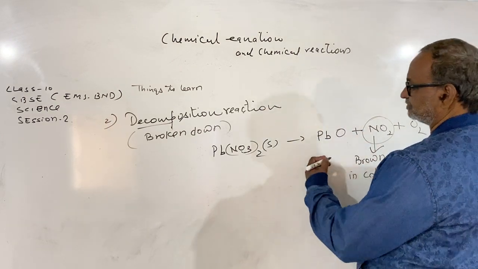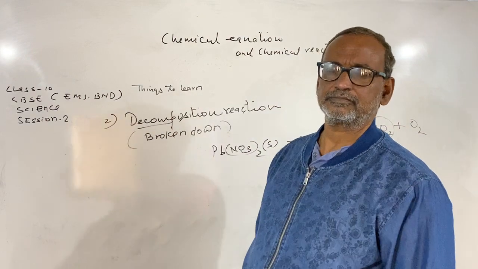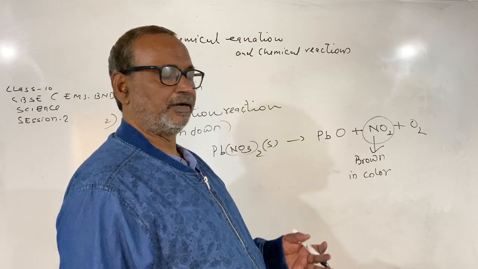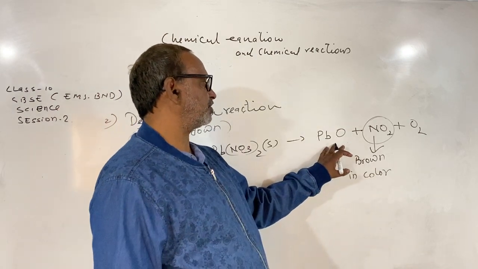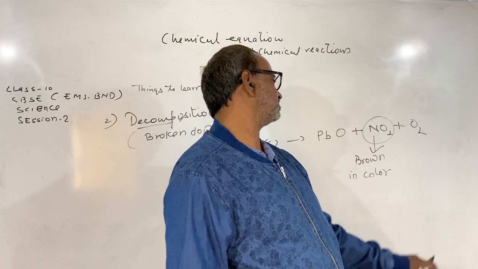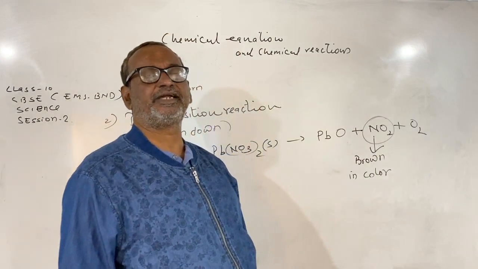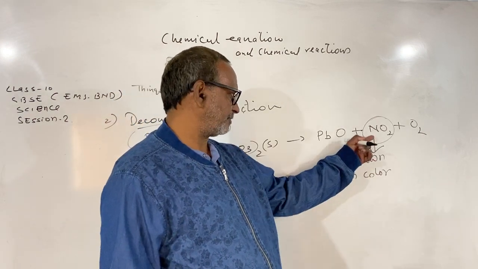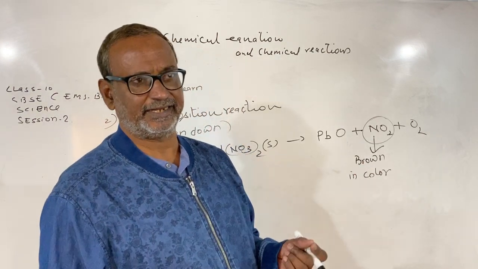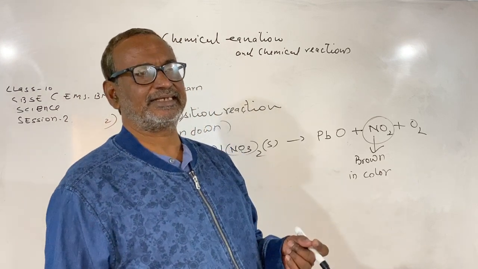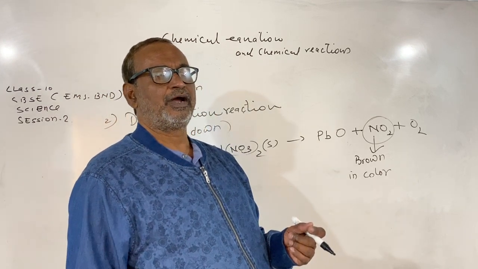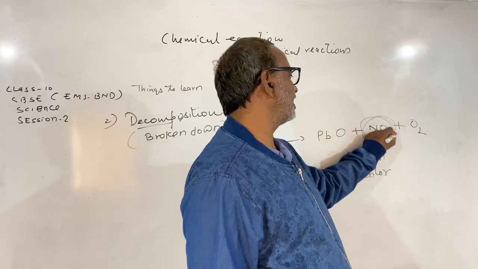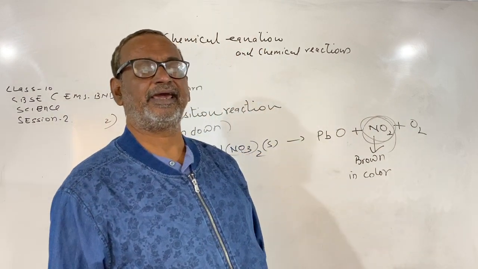So since in this reaction lead nitrate on heating decomposes into lead monoxide, nitrogen dioxide and oxygen, this is an example of a decomposition reaction. So remember, when lead nitrate is heated, a brown colored gas is evolved. And what is this brown color? This brown color is actually nitrogen dioxide, NO2.